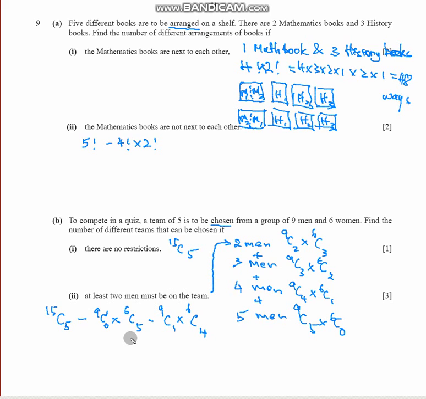Whatever remains will be the combinations that meet this requirement. So minus away all women in the team and 1 man in the team of 5. What remains in this case will be equal to this. This is a very formal, direct way: 2 men, 3 men, 4 men, 5 men. But it's more tedious. This one will be less tedious. You will get the same answer for this.